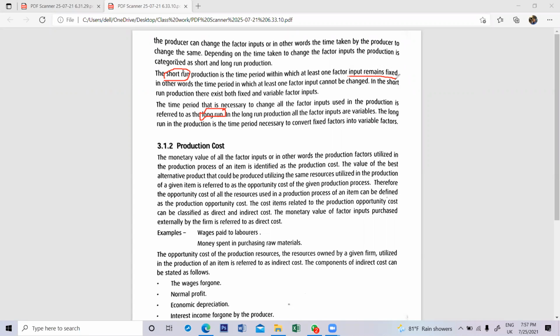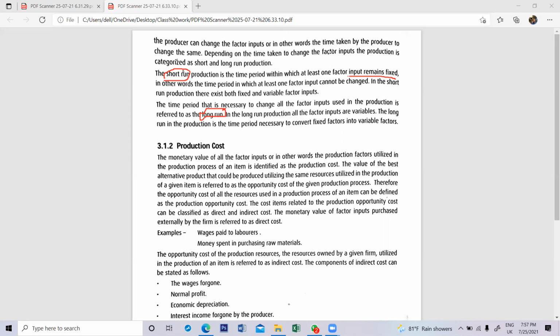What does the last sentence mean? There are no fixed factors so far. All the things are variable because the firm uses all the resources and changes them in order to increase the production. But in the short run, they only increase the number of variable factors, but capital is held constant.